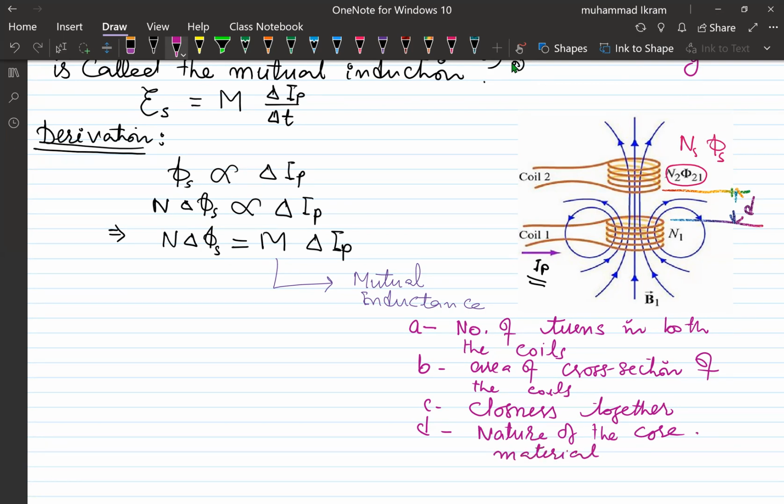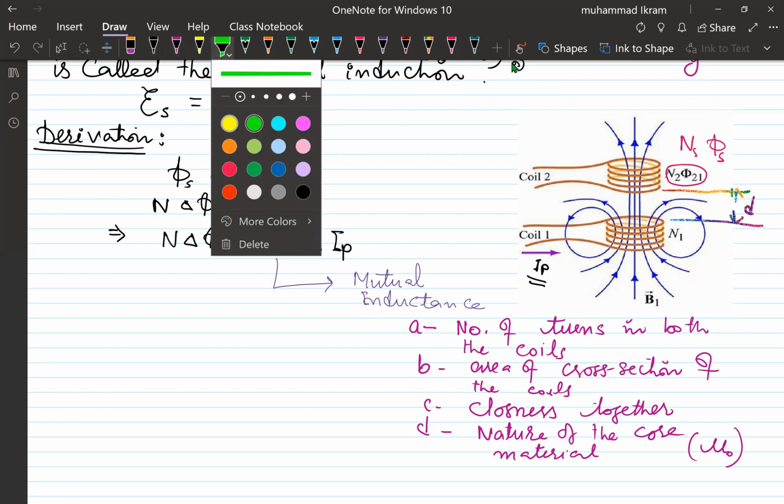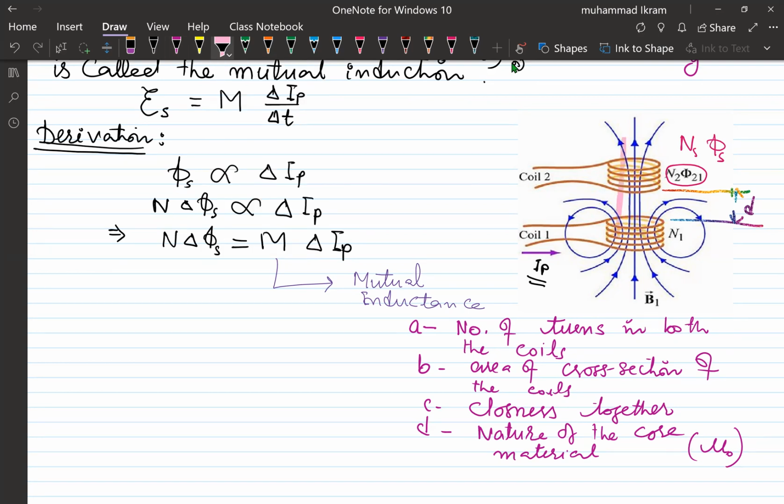Now it depends on whether there is air, or a medium other than air. For example, if there is a medium other than air, like a soft iron bar, then this will increase the mutual inductance.